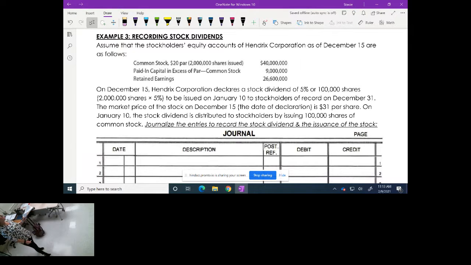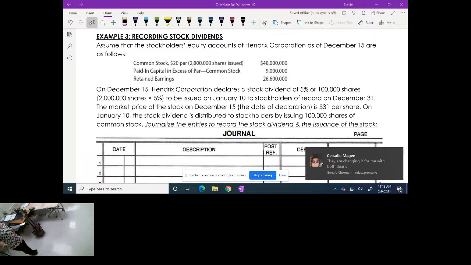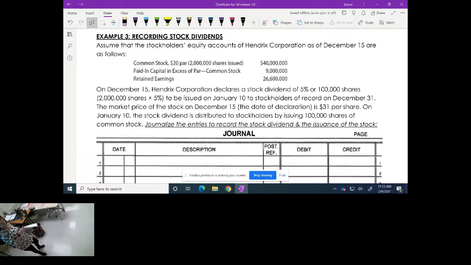At some point, I can't remember exactly when it hits us, it's either next chapter or somewhere in this chapter, or when we're doing retained earnings statements or stockholders' equity statements, they'll give you par and they'll give you this, but they won't give you the shares. Just divide. When they issue stock, they debit cash, credit common stock times the shares times par, and then the difference goes in paid-in capital.